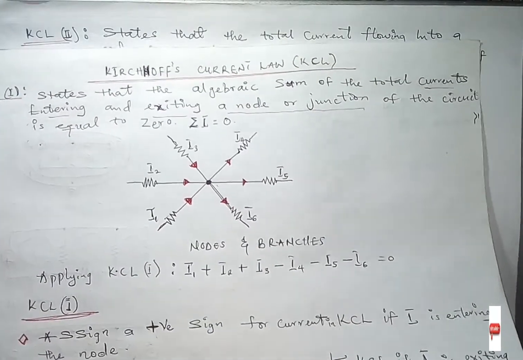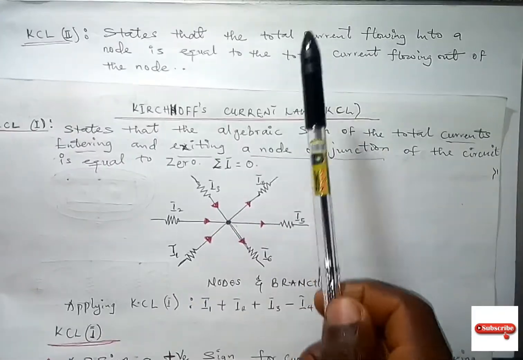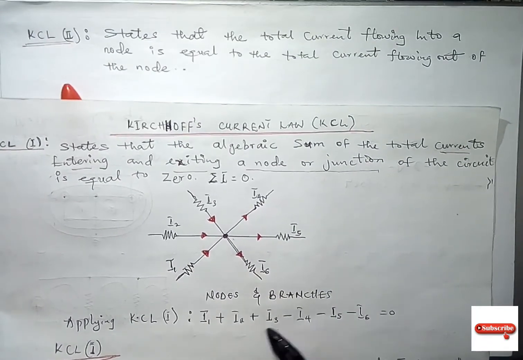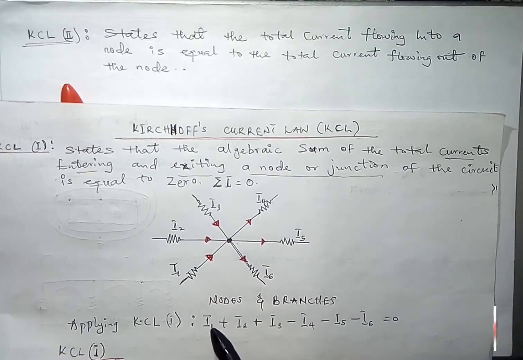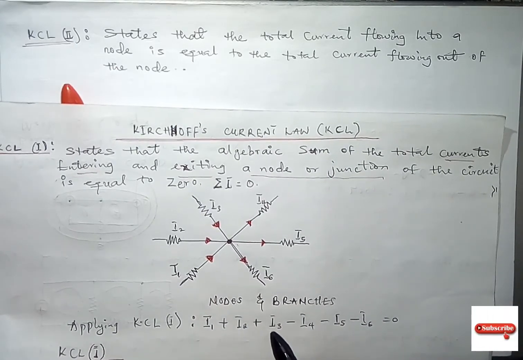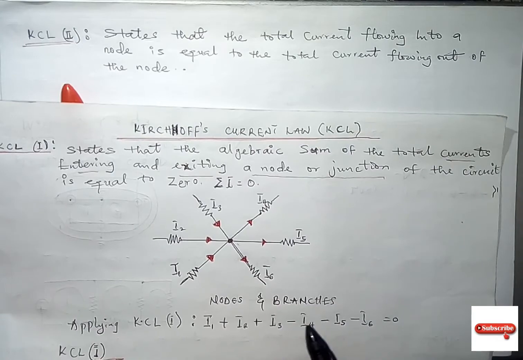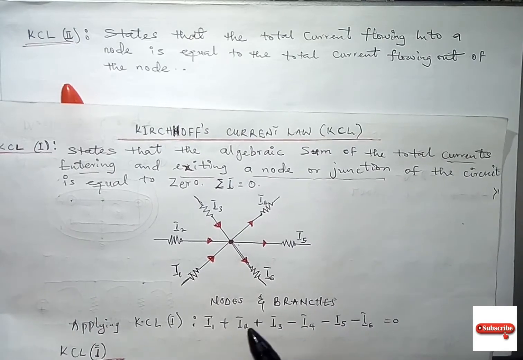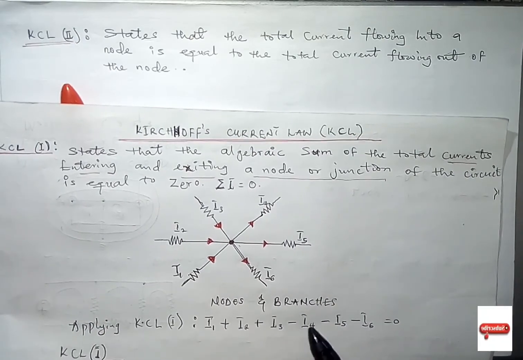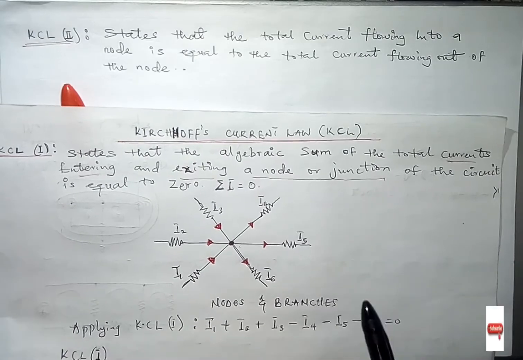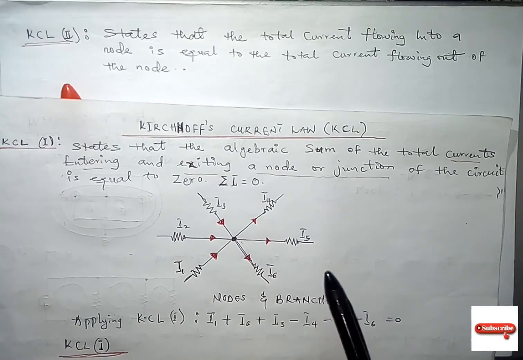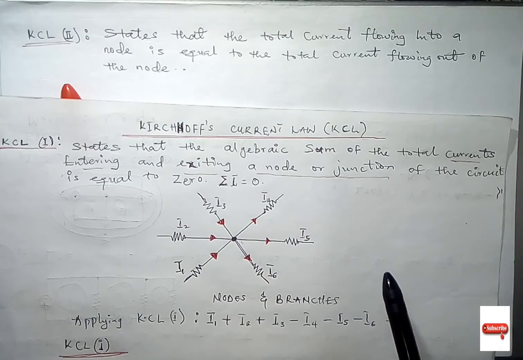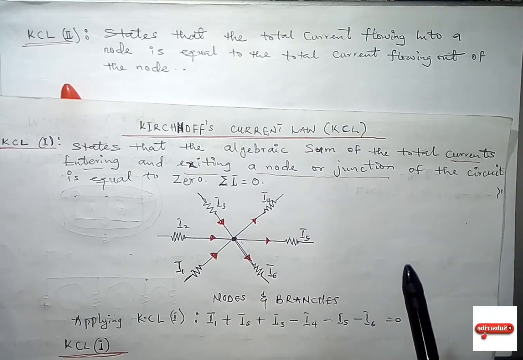If we analyze what is stated in this second method with this symbol, we are just going to manipulate it a little bit, so all the currents that are entering, which are I1, I2, I3, are going to be on one side, and the ones that are leaving are going to be on the other side. By the time it is solved in a real circuit, it should give the same result as well.